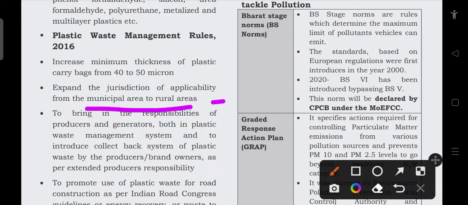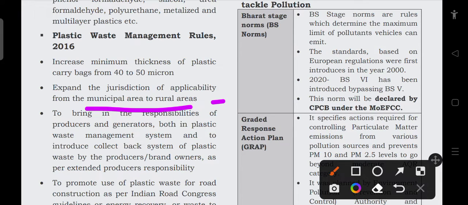It also talked about expanding the jurisdiction of the rules to be applied even to the rural area, and it will also bring in the responsibility of producer and generator. Producers have to recycle, so that responsibility is laid, called EPR, extended producer responsibility.